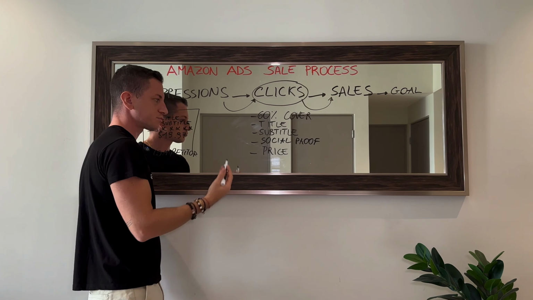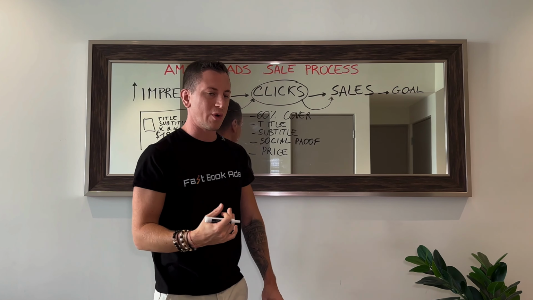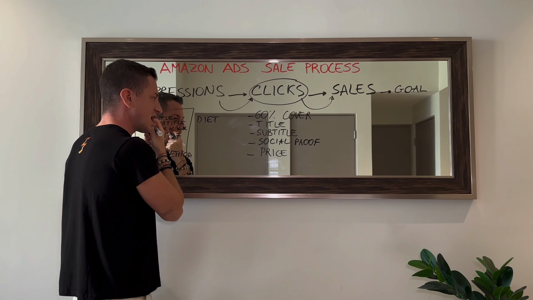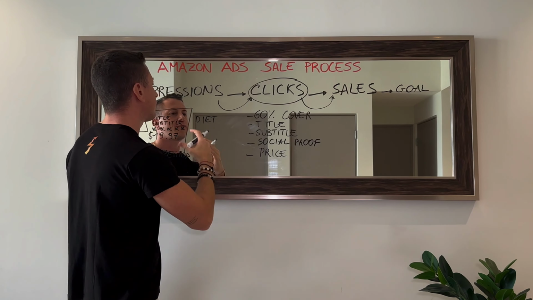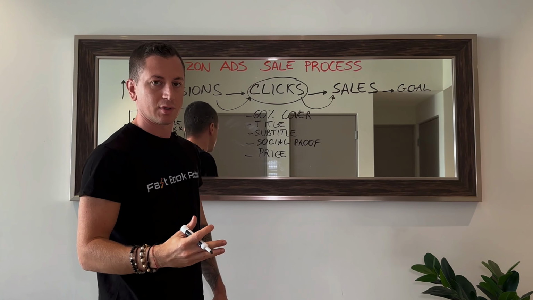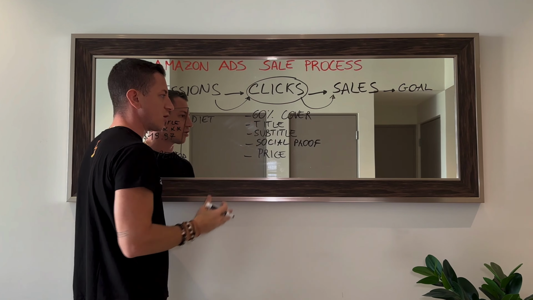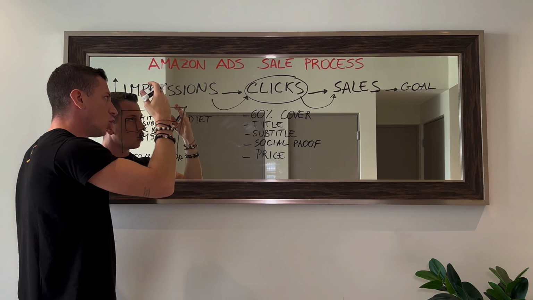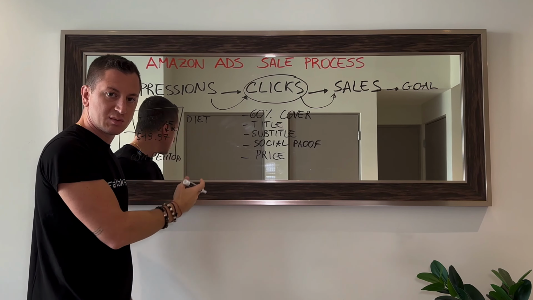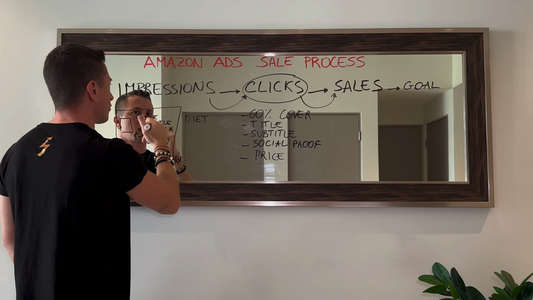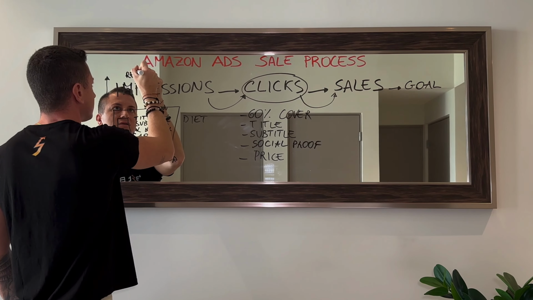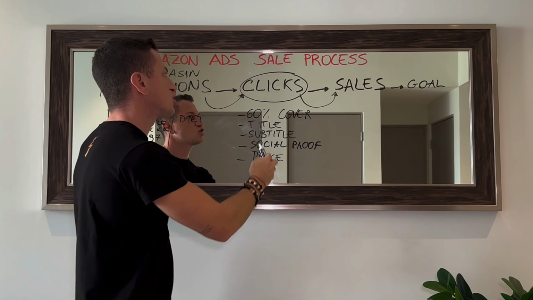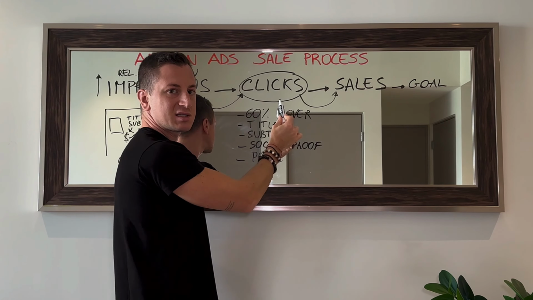For example, if we have a vegan diet book, we can't put the word diet in our campaigns, because with the word diet we can target people who are looking for a carnivore diet, for example. That is the opposite of the topic of our book. So we have to insert all the relevant keywords or ASINs possible in our campaigns.